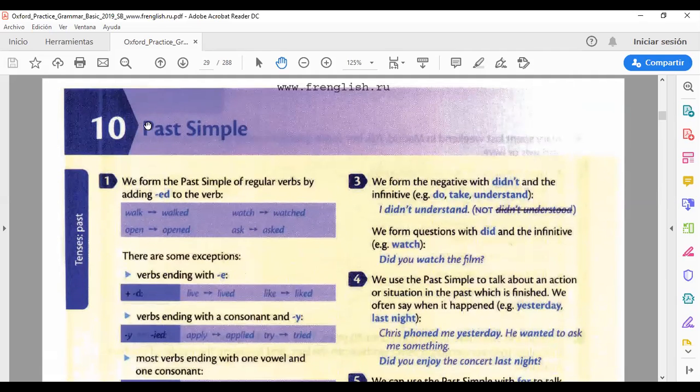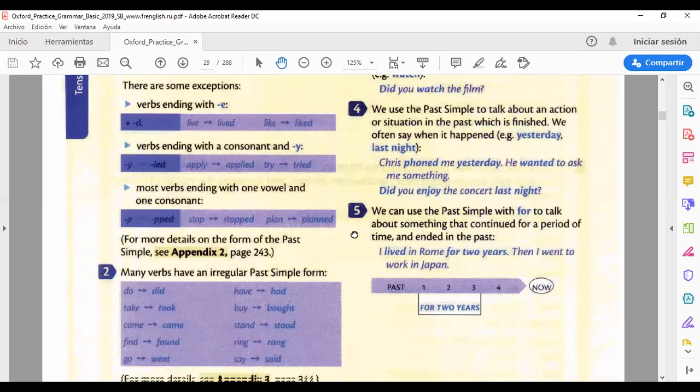See? Okay, hopefully you guys understand the whole thing right here. Now, this is important because we have been working with this information very little. Past simple. Now we're going to talk about regular and irregular. We form the past simple of regular verbs by adding ed to the verbs. See? Walk, walked. Open, opened. Watch, watched. Ask, asked. See? Regular verbs end with ed.